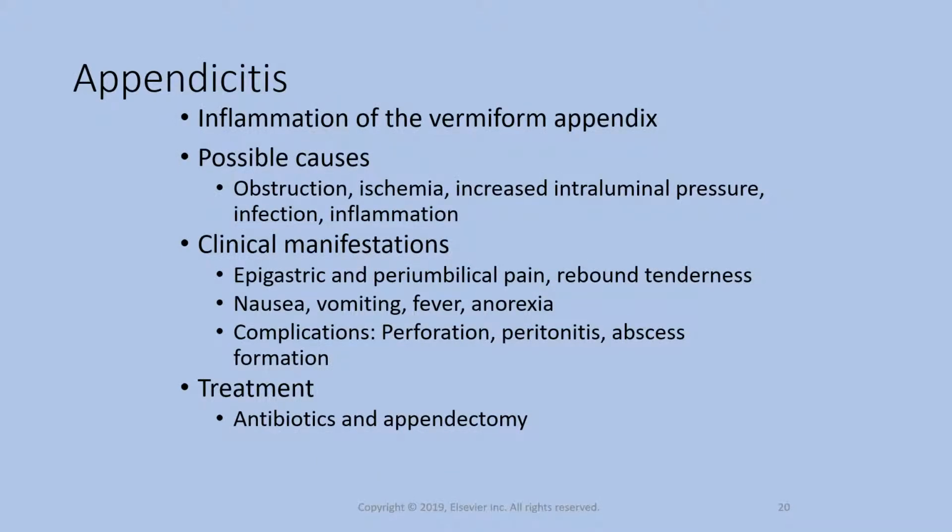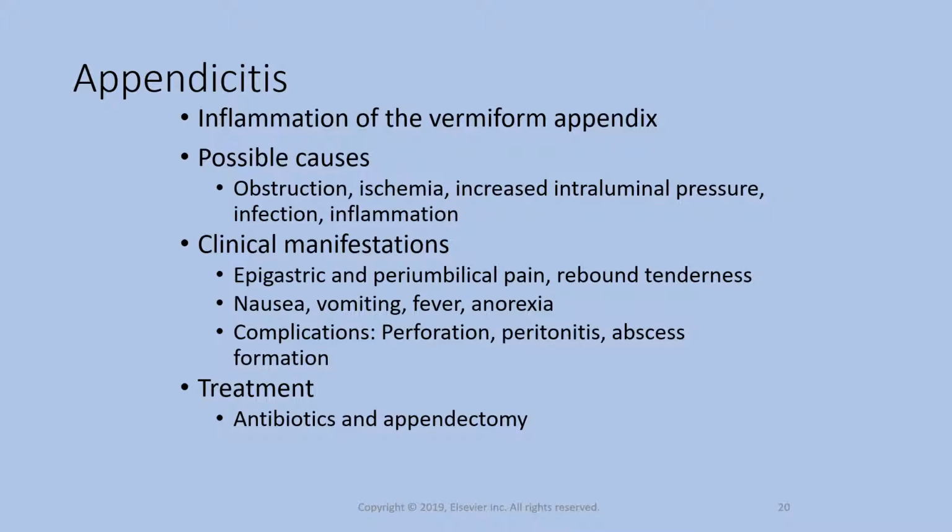Inflammation of the appendix, the vermiform appendix, with possible causes of obstruction, ischemia, increased intramural pressures, infection, inflammation. Clinical manifestations: epigastric pain, rebound tenderness, nausea, vomiting. Treatment: antibiotics and appendectomy.